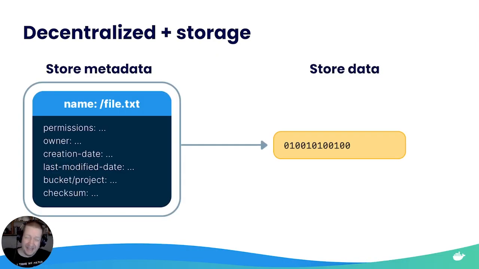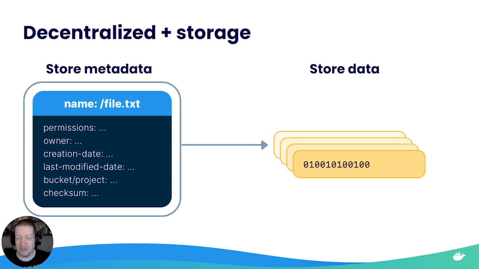Okay, so let's talk about the typical storage problem. Usually we store the metadata of a file or key somewhere, and we store the data, the real bytes, somewhere else, right? And usually we store the data in more than one place. We need to replicate it just to be sure that we have it.